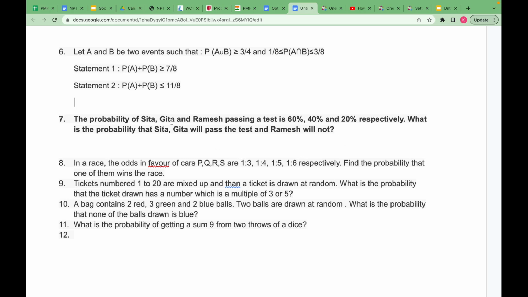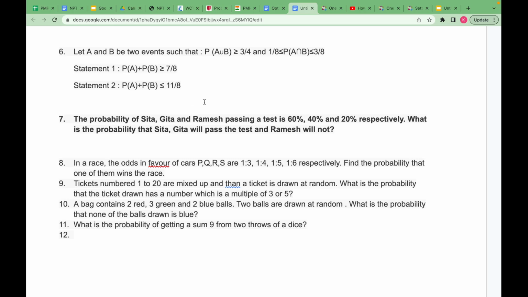So we are given that the probability that Sita, Geeta and Ramesh will pass the test is 60%, 40% and 20% respectively. So what is the probability that Sita and Geeta will pass the test and Ramesh will not? All these events, that Sita will pass the test, Geeta will pass the test and Ramesh will pass the test, are independent of each other.